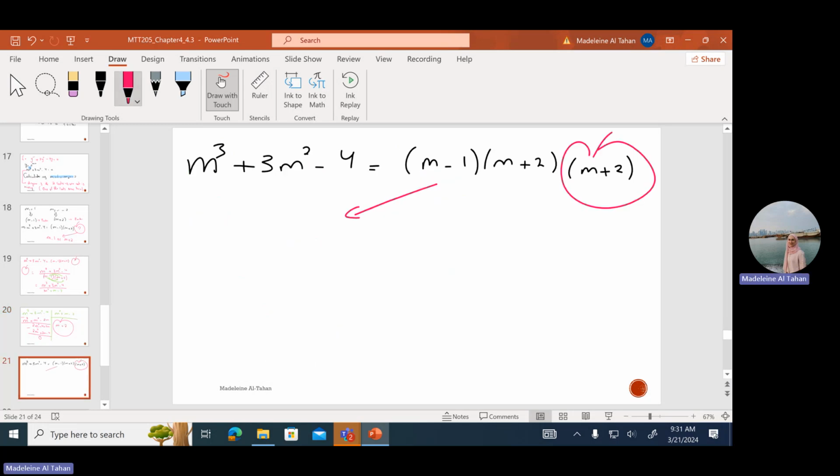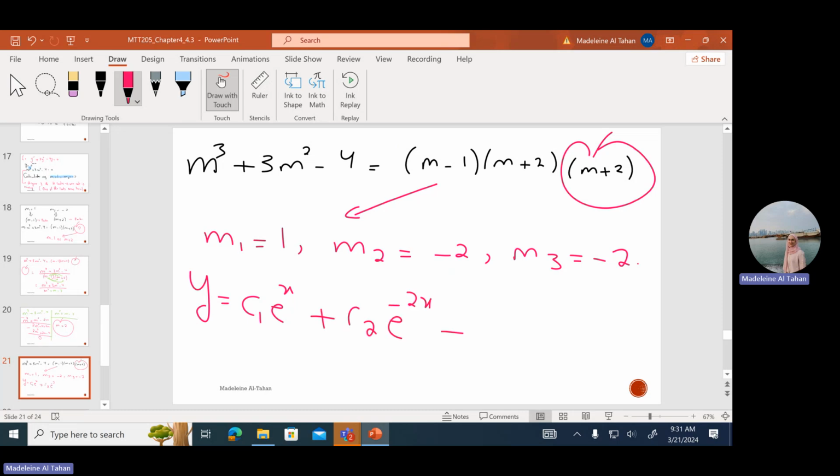The roots now are m1 equal 1, m2 equal negative 2, and m3 equal negative 2. What will be the solution, miss? y equals c1 e^x plus c2 e^(-2x) plus c3 e^(-2x). How do we remove the dependency? Multiply by x.